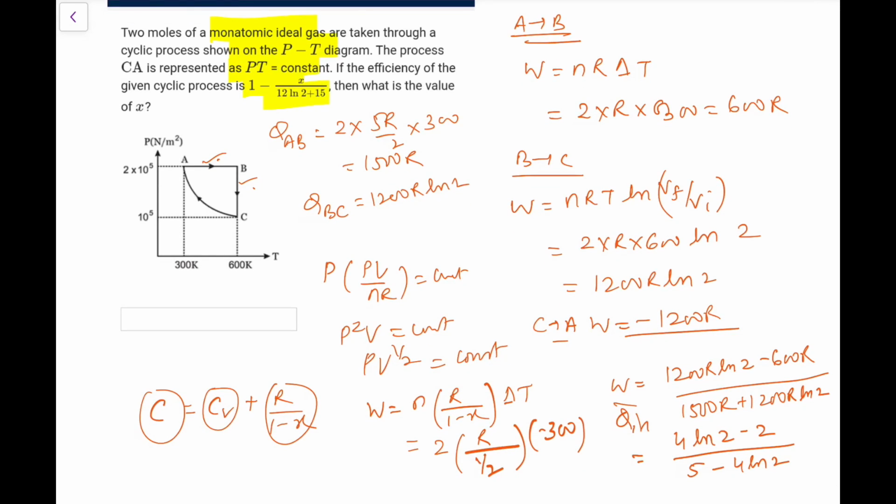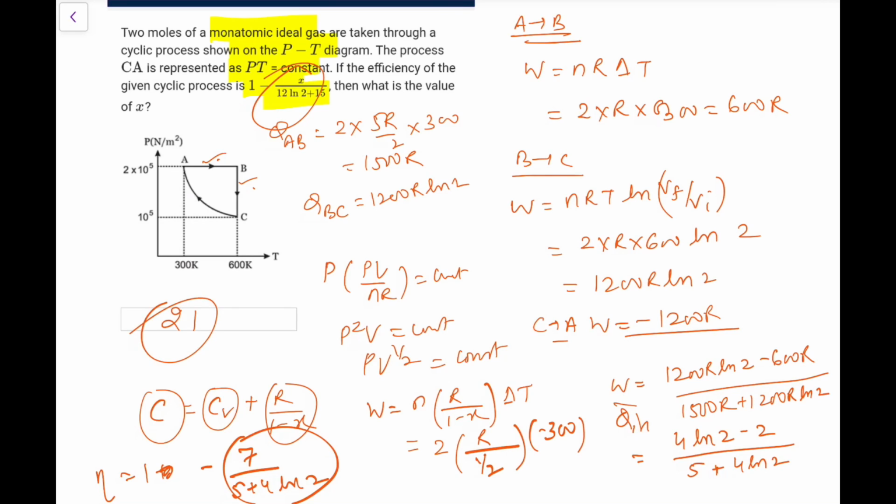Now doing this, efficiency would be 1 minus 9 upon 5 plus 4 ln 2, since adding and subtracting gives minus 7 in the numerator. Then 5 plus 4 ln 2, and if I have to do this 3 times, it will become 21. So comparing that, it should become 21. So this is the answer.